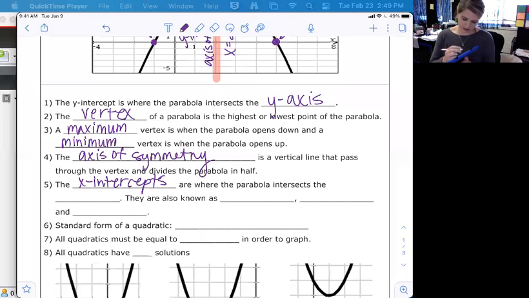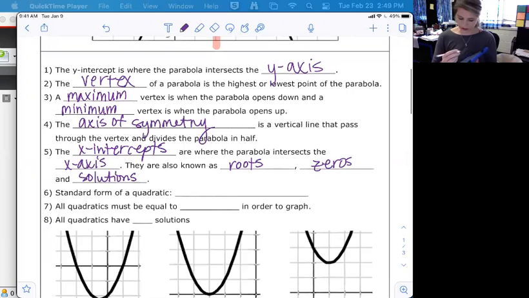Can't spell today, sorry. They are also known as the roots, the zeros, and solutions. The standard form of a quadratic is ax squared plus bx plus c.